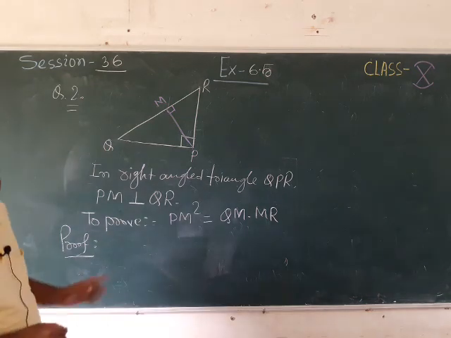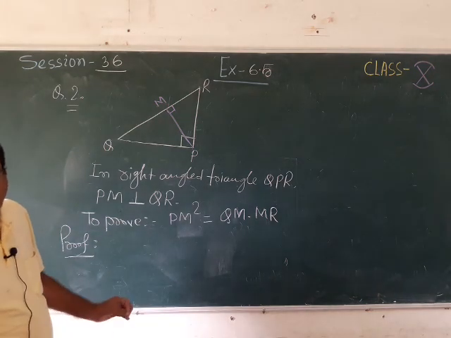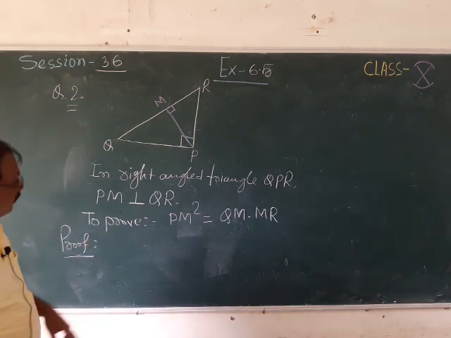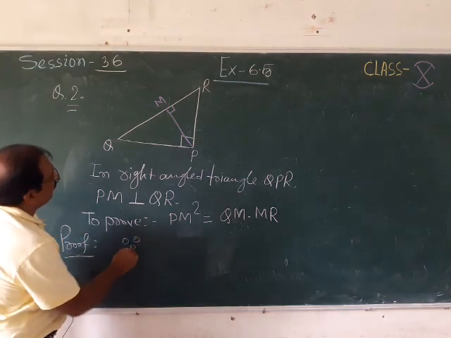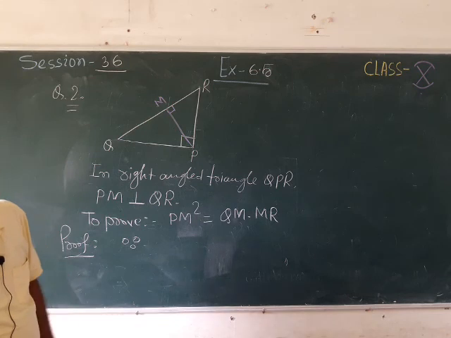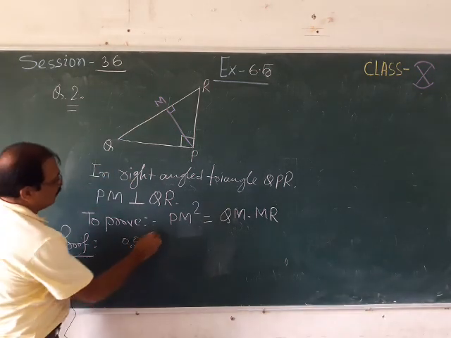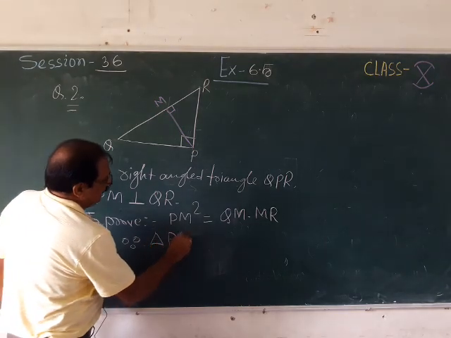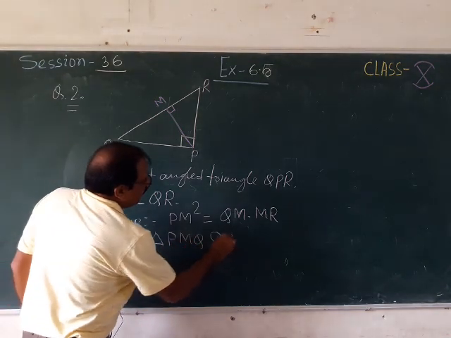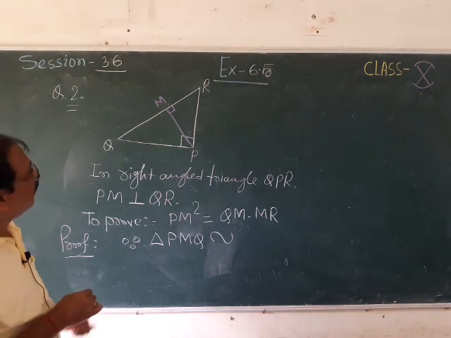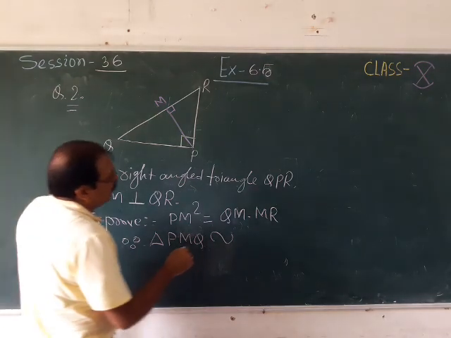So in the proof, first of all we will write that since triangle PMQ is similar to triangle RMP.